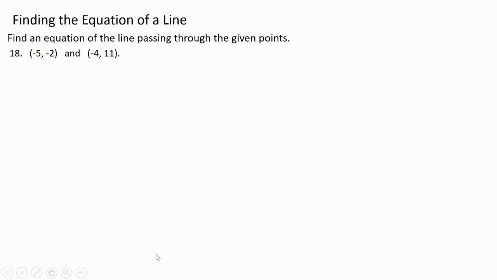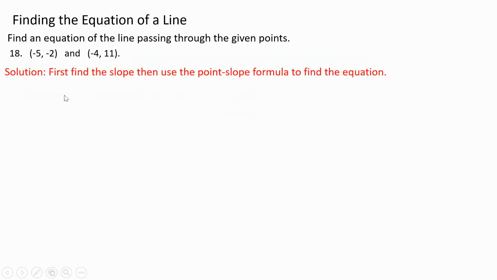Here's another one. Again, if we do the observation, we know that the x's in the points do not repeat, and neither do the y's. So we can go ahead and use a formula. But here, they don't give you the slope. We need to find the slope first. So that's why we have to use the slope formula.